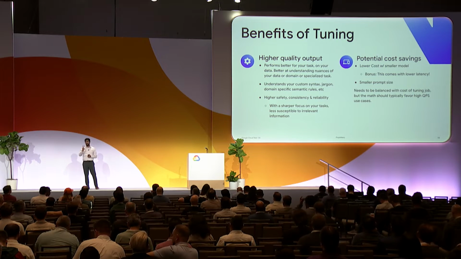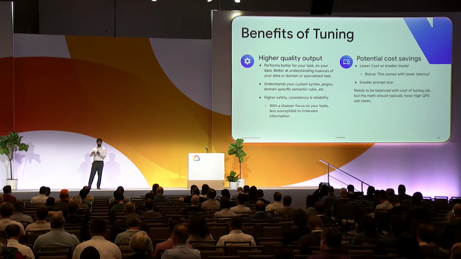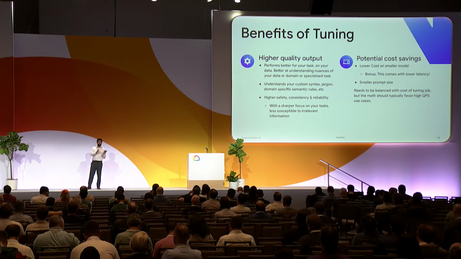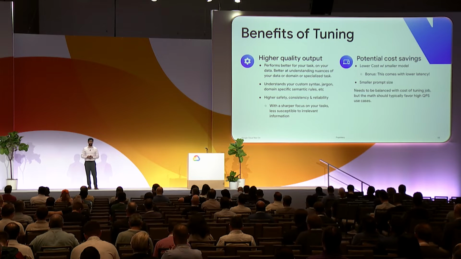Now, of course, the cost equation has to be worked out, because when you do tuning, there is a cost of running the tuning job, right? So you do have to balance the cost of running the tuning job with using the tuned model. But often, if it's a high QPS use case, you get some cost savings if you've done tuning upfront.